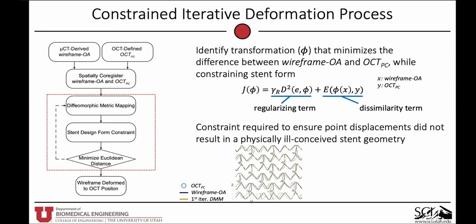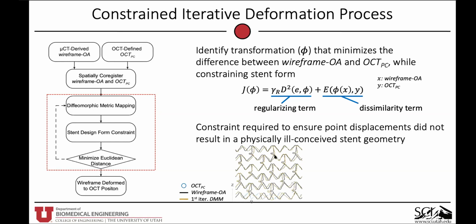Now, an important component of our deformation process is what we refer to as form constraint. The idea is we had to constrain these point displacements to make sure that the resulting deformation was actually physically accurate, right? The idea is that we did not have a physically ill-conceived stent geometry. What I mean by that, this is an example here.